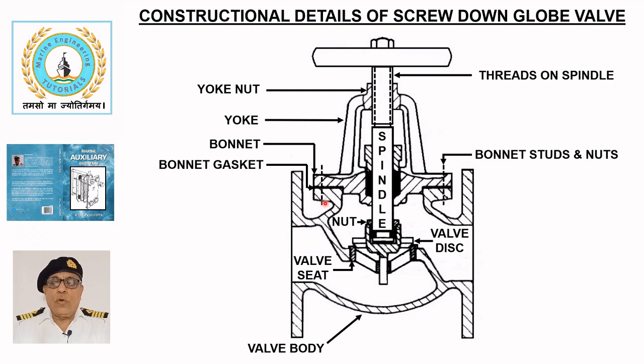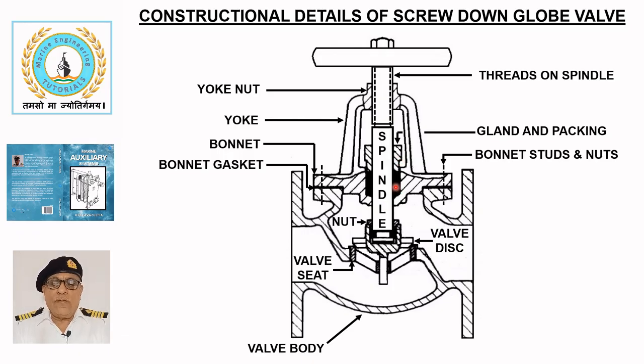The bonnet is secured to the valve body with studs and nuts with a fiber gasket providing the seal between the mating faces. A cast steel or gunmetal gland, usually in two parts, is secured to the bonnet with studs and nuts after the gland is packed.